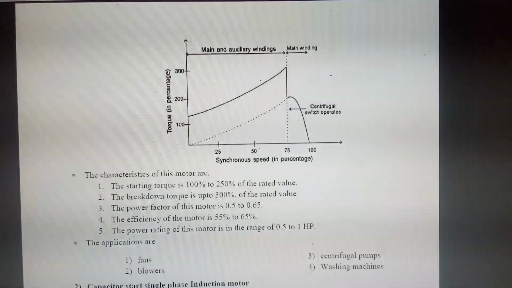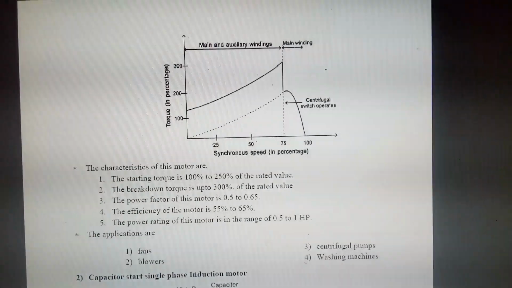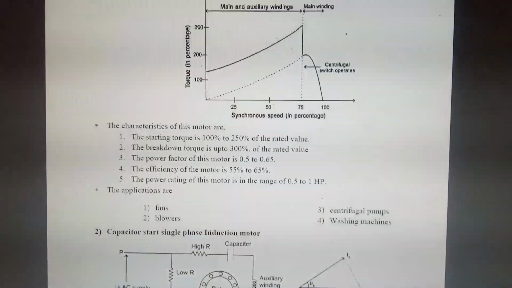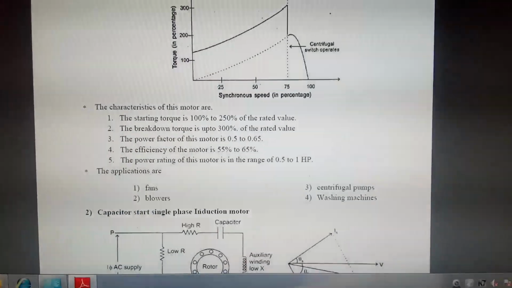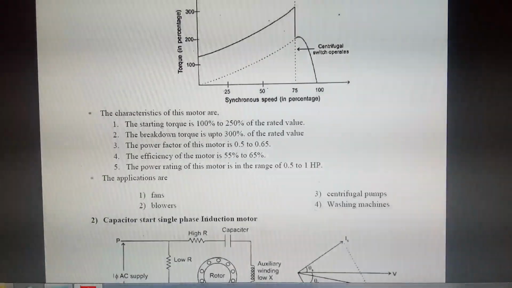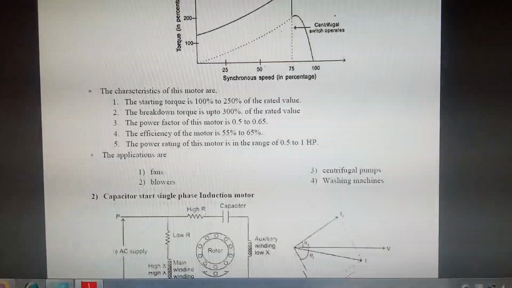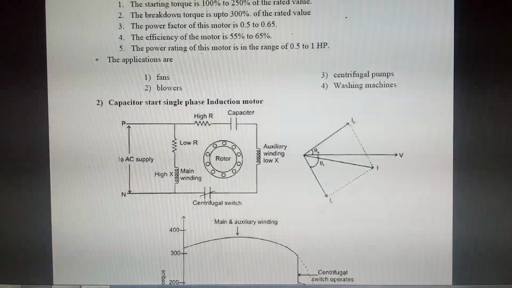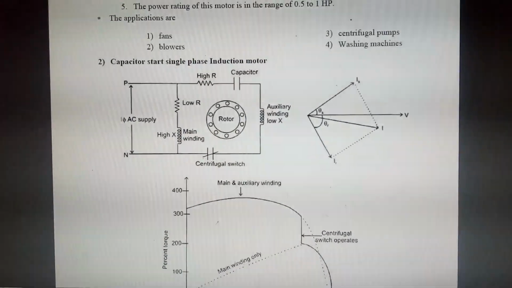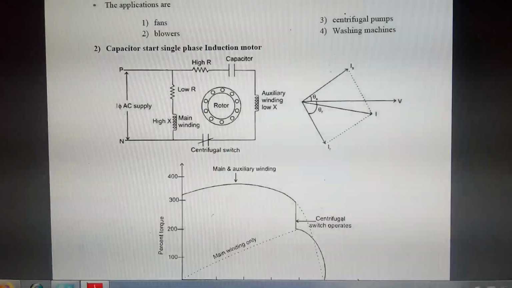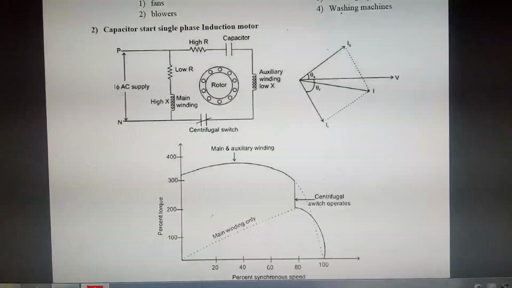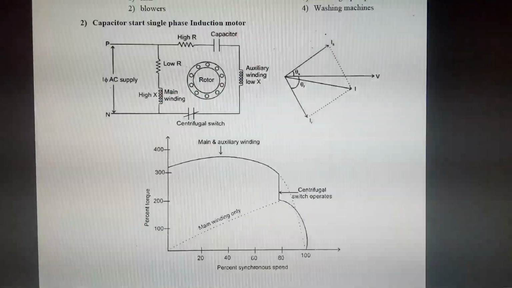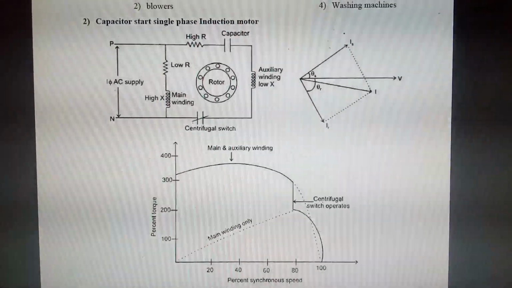This is the first type of single phase induction motor, and the second type is the capacitor start single phase induction motor. In this type of induction motor, a capacitor is included.